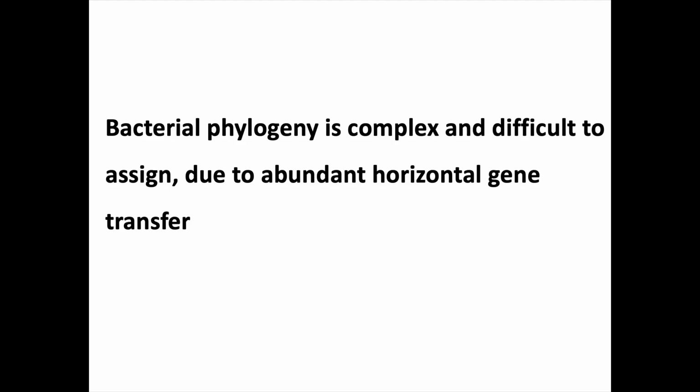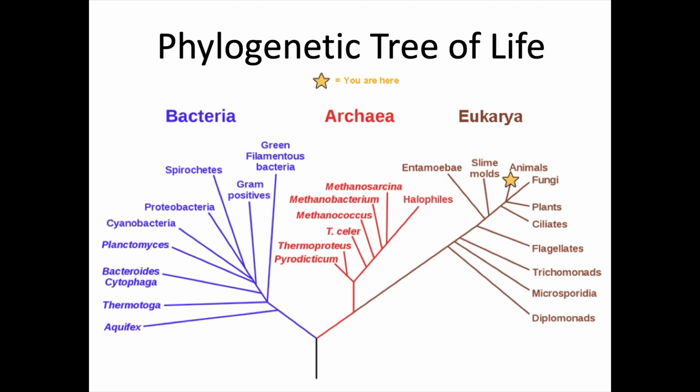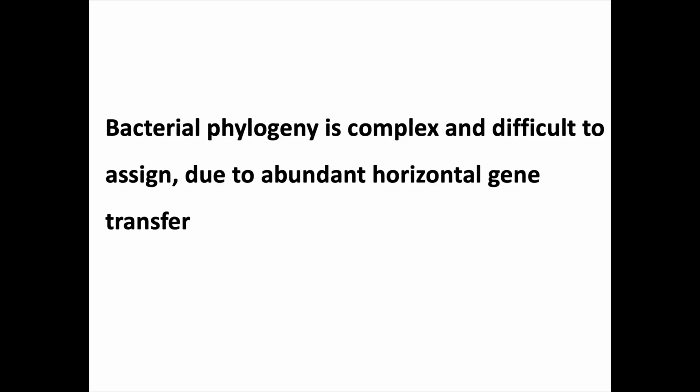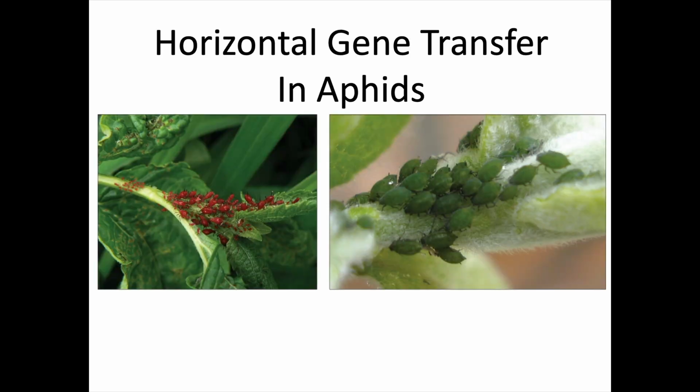Phylogeny. So, okay, sorry, I should have gone to this. We've got this phylogenetic tree of bacteria. If we want to expand this, it gets really complicated. In my opinion, too complicated to talk about in an intro course. Bacterial phylogeny is complex, and it's difficult to assign. Remember this horizontal gene transfer we talked about in the first lecture?